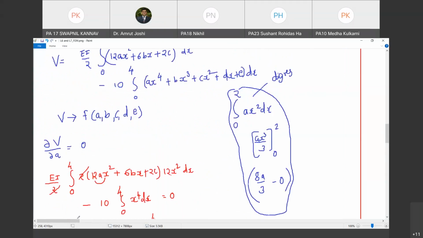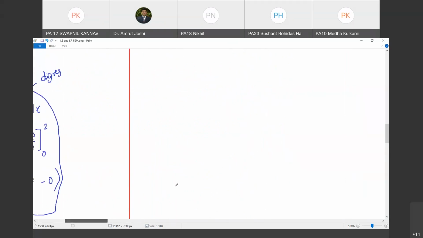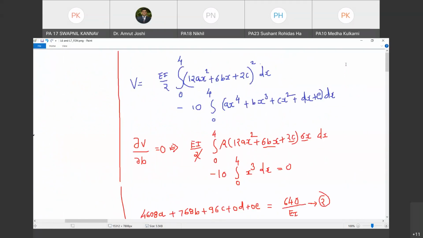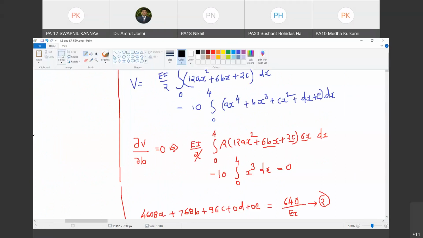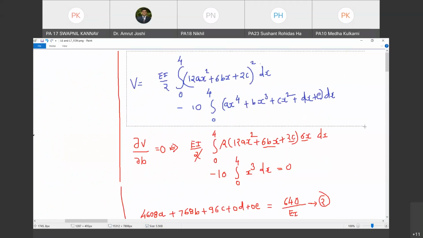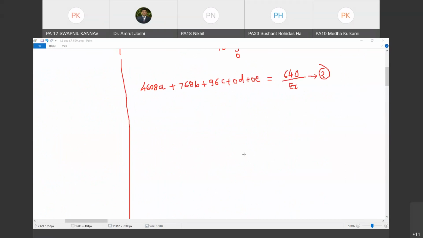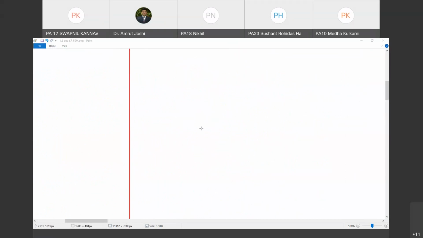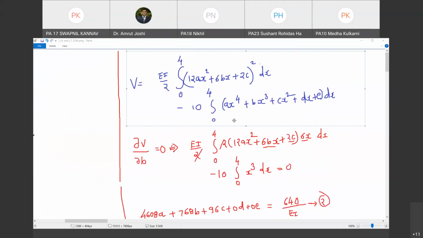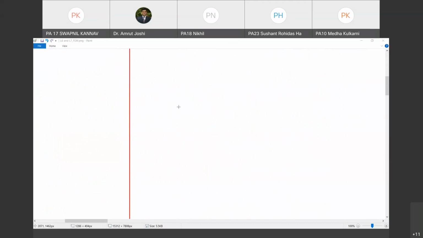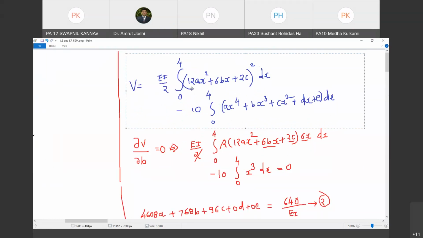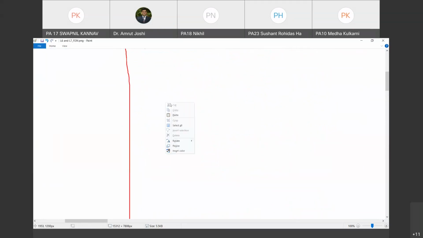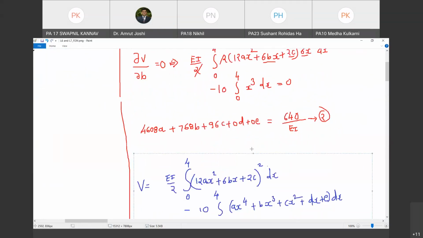Now let us do the third part. So what is the third part? Again, I will have to borrow the expression of V. Let me take it. This is the expression of V. Control copy, paste.